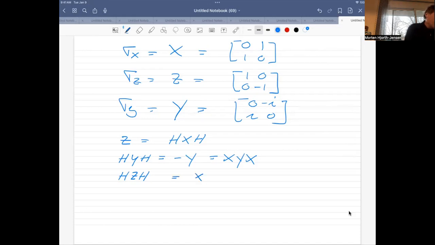And we also have that X times Z is equal to i times Y. So these are some mathematical relations which are very useful. So the Pauli X gate flips the components of a qubit. If I act with the Pauli X gate on qubit 0, that flips it to qubit 1, which is easy to see. And if I act on qubit 1, that flips it to qubit 0.